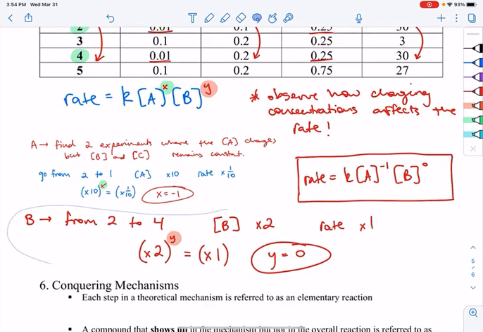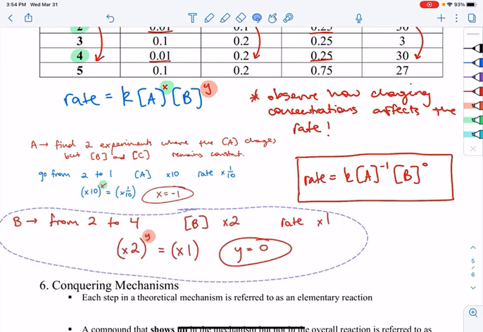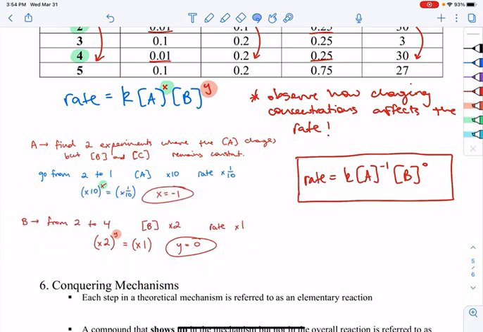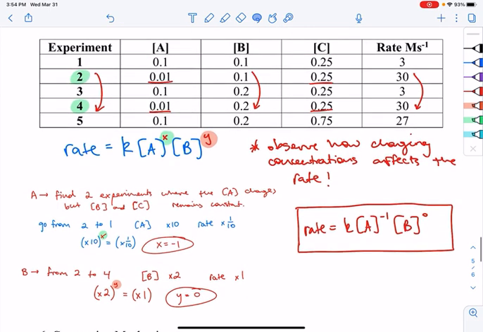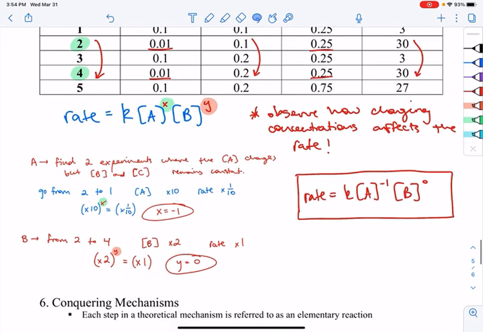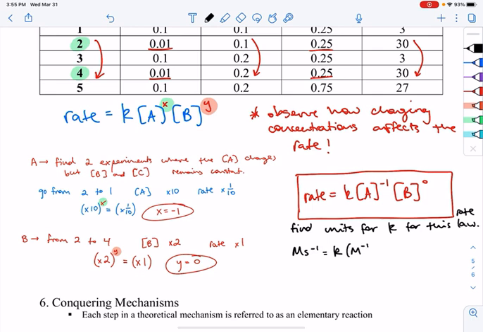Okay, and again, I have made this too big, and I want to talk a little bit more about this. So that's how we experimentally determined what those exponents were. Now what I want us to do is find the units for K for this rate law. Remember how we do this. The units for rate are always molar per second. And then we'll put K, because that's what we're solving for. A is raised to the -1, so that's molarity to the -1.